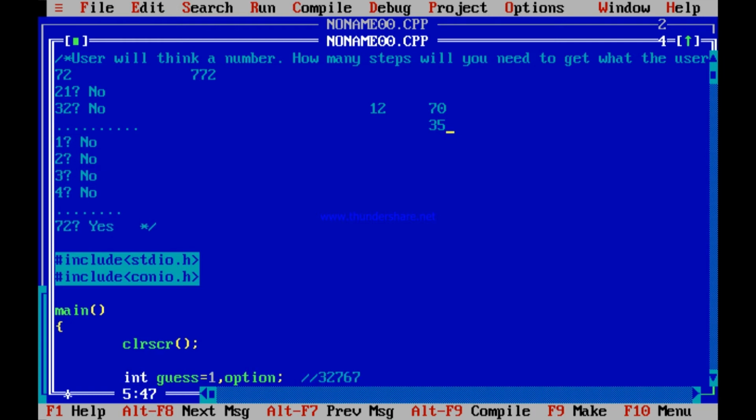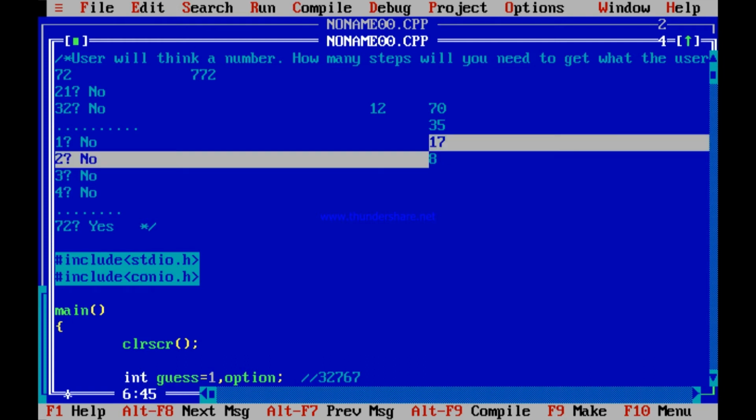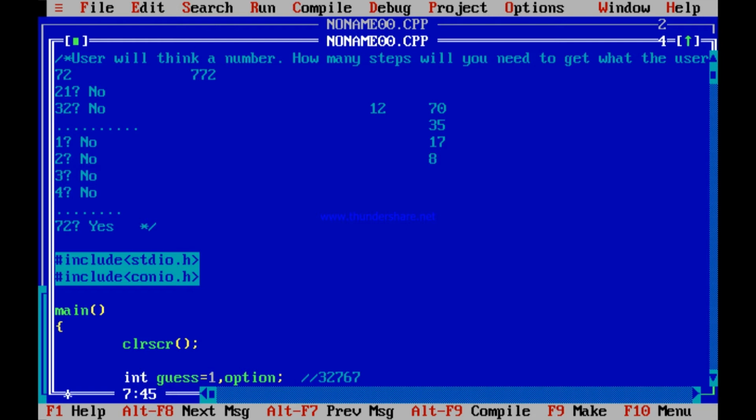Did you guess a number less than 17? The user says yes. So did you guess a number less than 8? The user says no. So you understand your number is between 8 and 17. This is something you easily understand. So you ask something midway between 8 and 17.